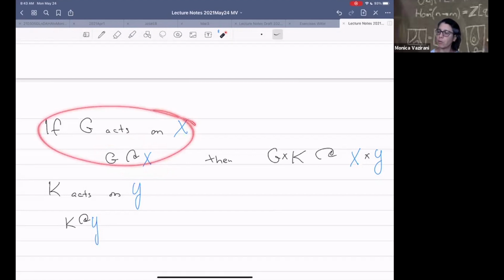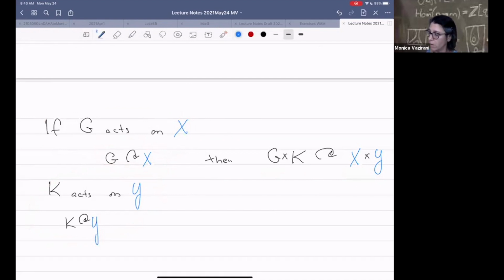If G acts on some set X, and K acts on some set Y, then G cross K, the Cartesian product of groups, acts on the Cartesian product of the sets X and Y. And how does it work? If you have a pair (g, k) and you want to act on a pair (x, y), well, G knows how to act on X and K knows how to act on Y, and you get a new pair.